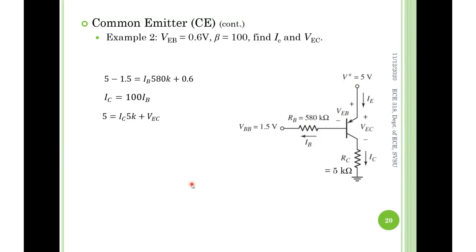Any questions regarding the equations? And if these are fine, then we go ahead. The resulting IC is 0.5 milliampere. VEC is 2.5 volts.